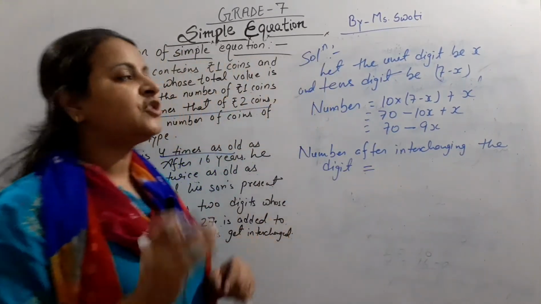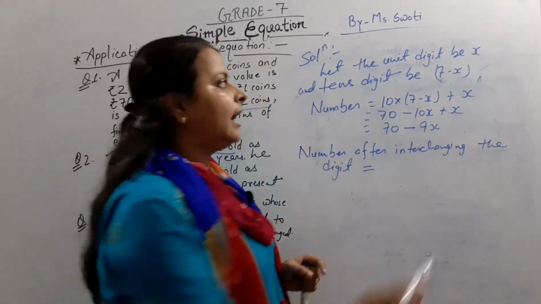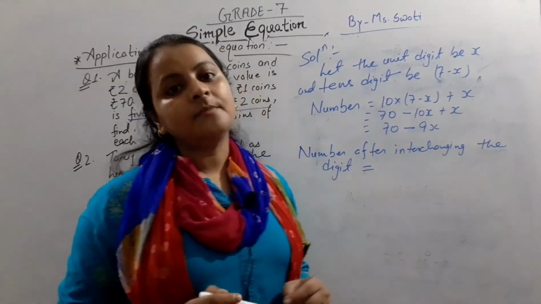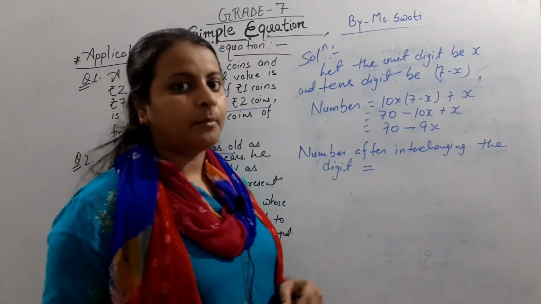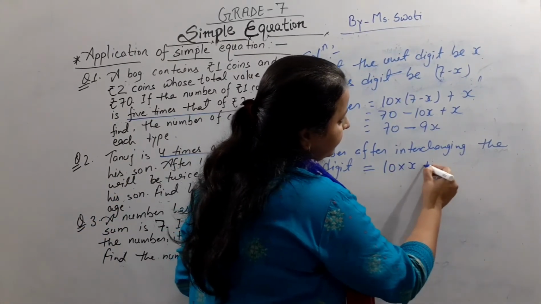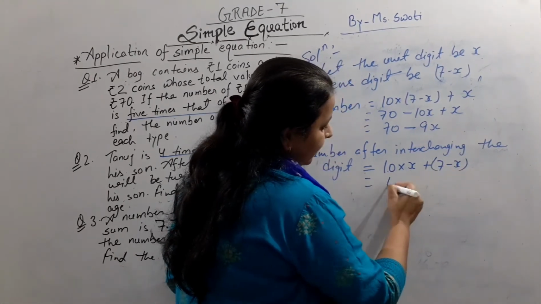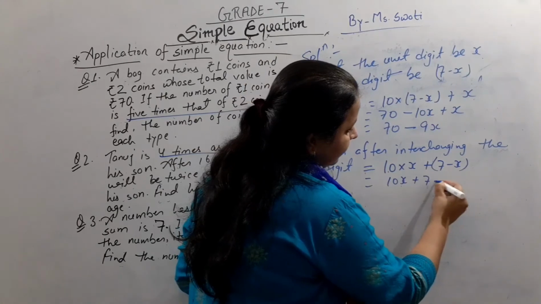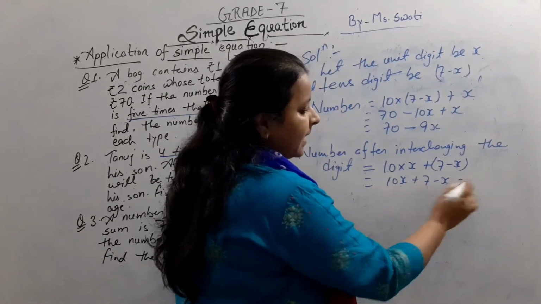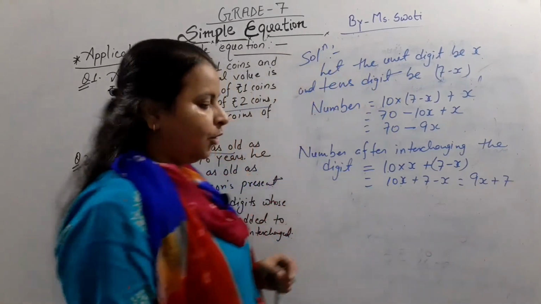When we interchange the digits, x becomes the tens digit and 7 minus x becomes the unit digit. So it becomes 10 into x plus 7 minus x, 10x plus 7 minus x, 10x minus x, it becomes 9x plus 7. Okay.